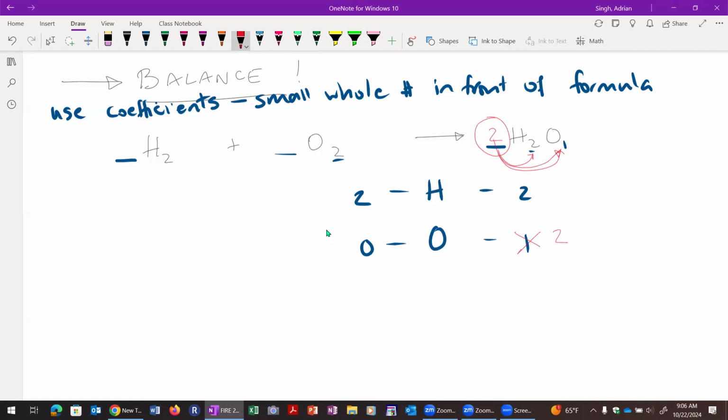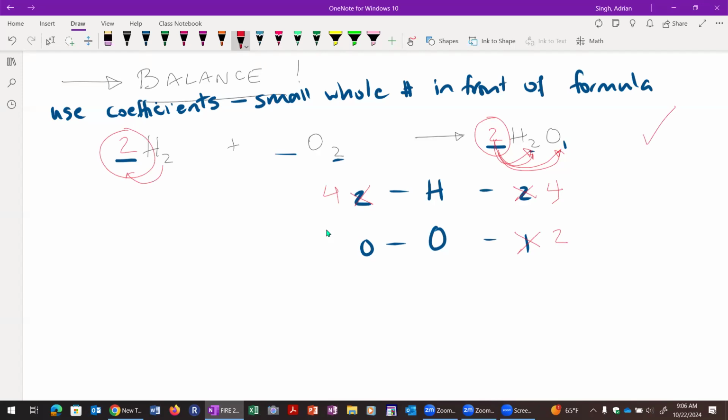There's also hydrogen. So now 2 times 2 is going to give me 4 H's. So now I make my hydrogens out of balance. Well, how do I make 4 H's on the left side? Well, 2 times something should give me 4. Well, 2 times 2 is 4. Okay, so now my H's are balanced, my O's are balanced, so this is going to be my balanced equation.